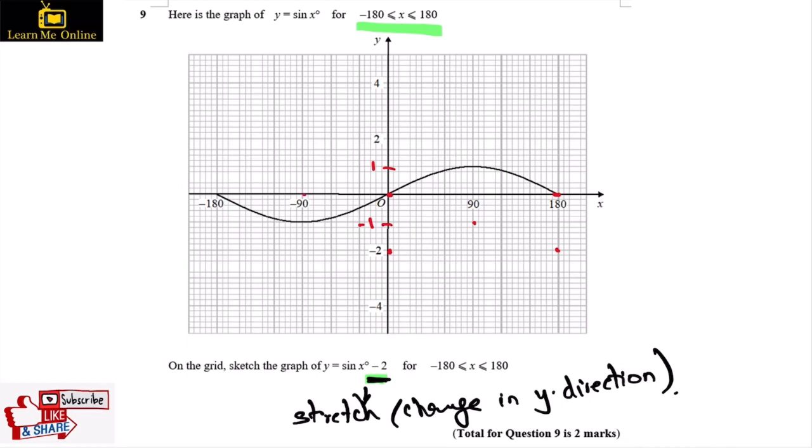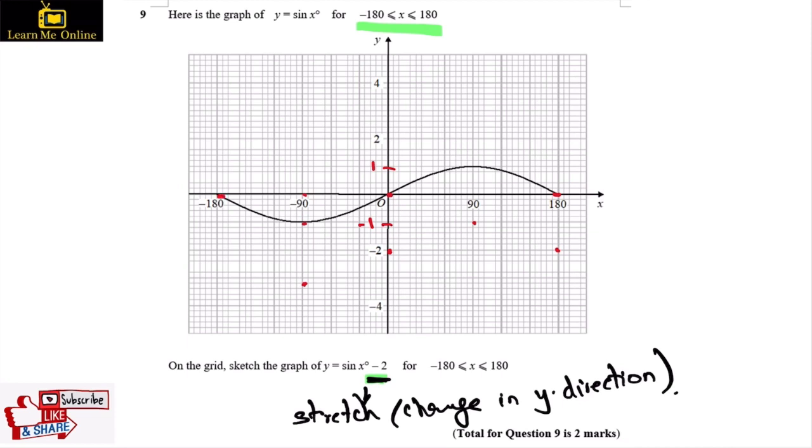Then the minimum point is here, which is at minus 1, and when you do minus 1 and minus 2, you have minus 3. So I'm going to write it down. Minus 3 would be here somewhere, and then we have minus 1. This is at 0 and that would be at minus 2.